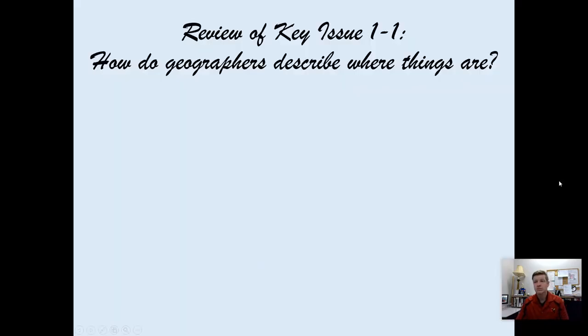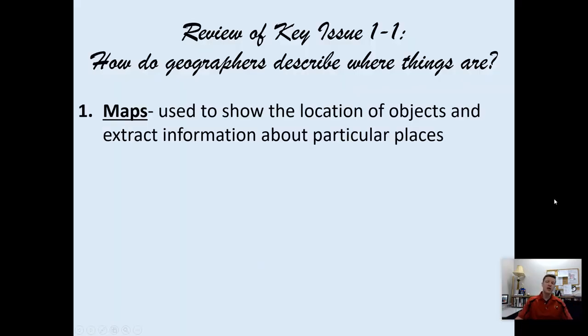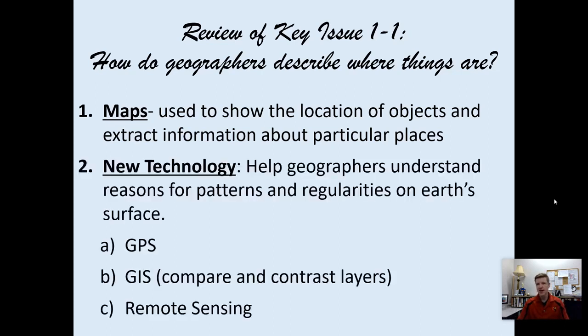Okay, so to review, how do the geographers describe where things are? Well, the first we talked about were maps. We talked about how they were historically tools for reference, but now they are more tools for communication. And then new technology. We referenced global positioning systems, GPS, GIS, aka layers, and this idea of remote sensing, which GPS would fall under the umbrella of, which essentially is evaluating without physically touching.